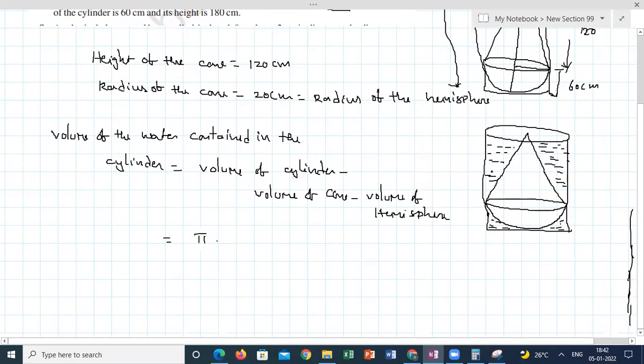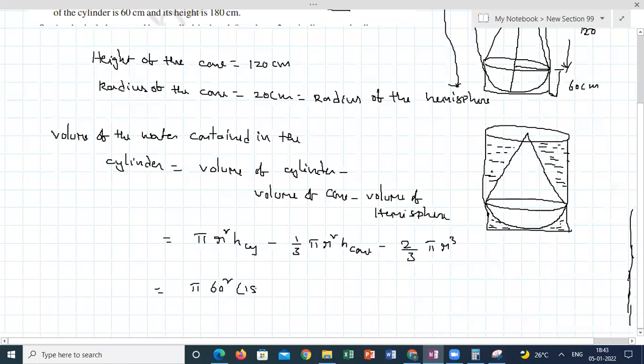So pi r square height of the cylinder minus 1/3 pi r square height of the cone minus 2/3 pi r cube. Substituting, the radius is 60: pi 60 square, height of the cylinder is 180, minus 1/3 pi 60 square, height of the cone is 120, minus 2/3 pi 60 cube.